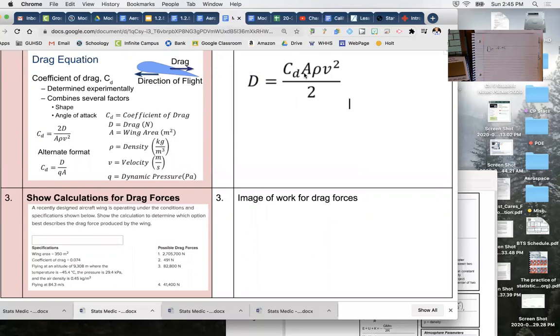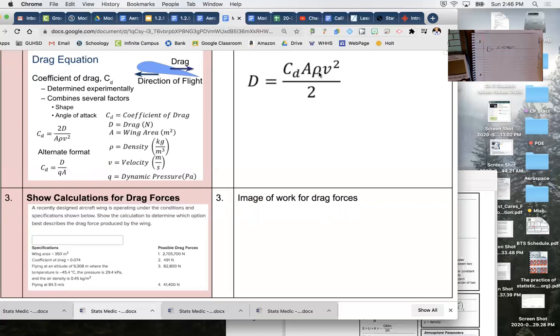What is A? A is my wing area. I go down here to find where my wing area is, and there it is: 350 meters squared. Now, I have this P right here.